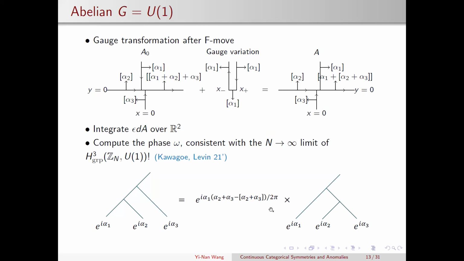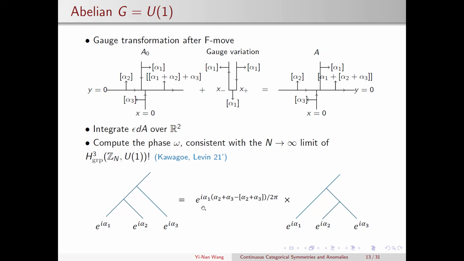These are representatives of the third group homology of U1 delta that I introduced before. If you're familiar with the representatives for H3 of Cn, you can see that this is perfectly consistent with the n goes to infinity limit of the Cn case. It was also speculated by Kawagoe and Mike Levin a few years ago, although I think they just took this infinity limit, and we provide the first honest field theory derivation of this phase factor for the U1 case.